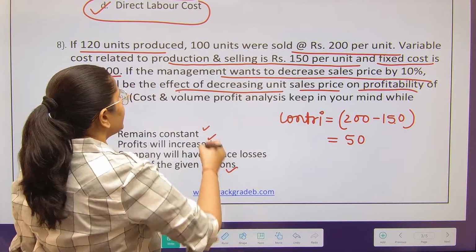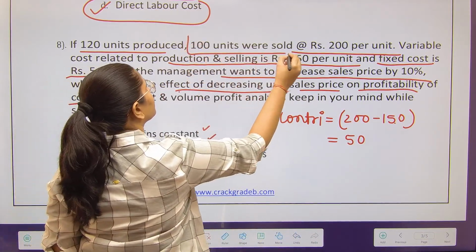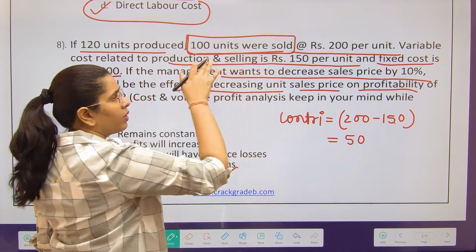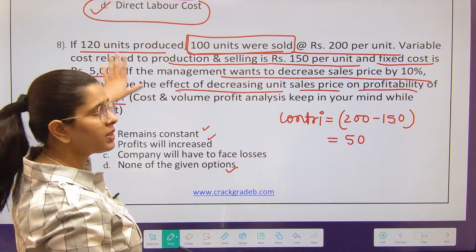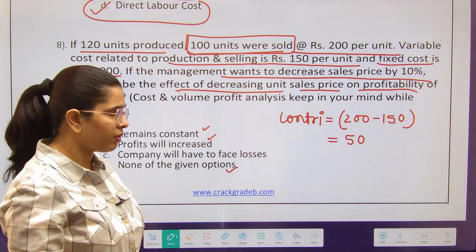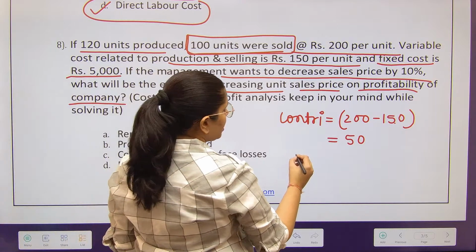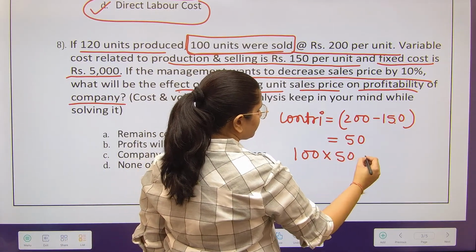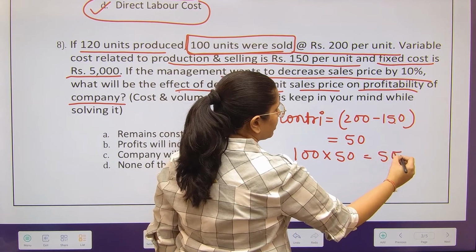What is the quantity that I have sold? Right now, I will take only this for decision making. This 120 units which I have produced is absolutely of no use for me at present. So 100 into 50, 5000 is my contribution.